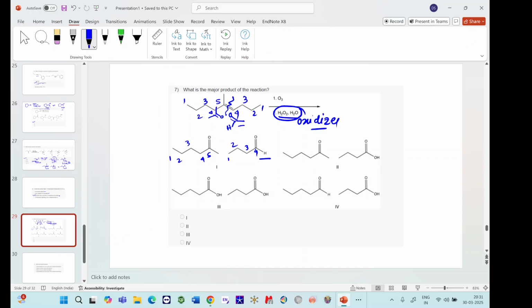So here it is aldehyde. It is not an option. This one, 1, 2, 3, 4, 5. 1, 2, 3, 4. So this one is converted to acid, so this will be the right option. This one.